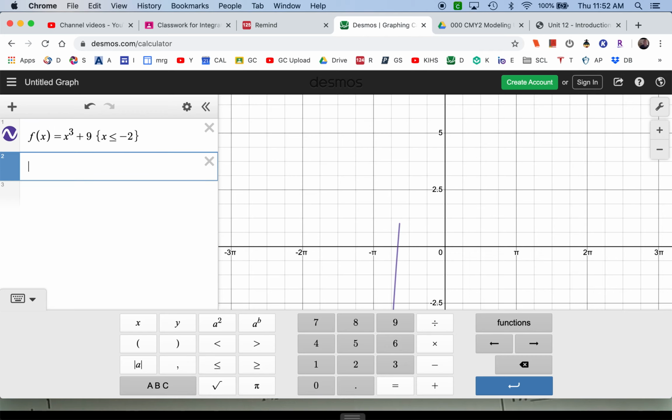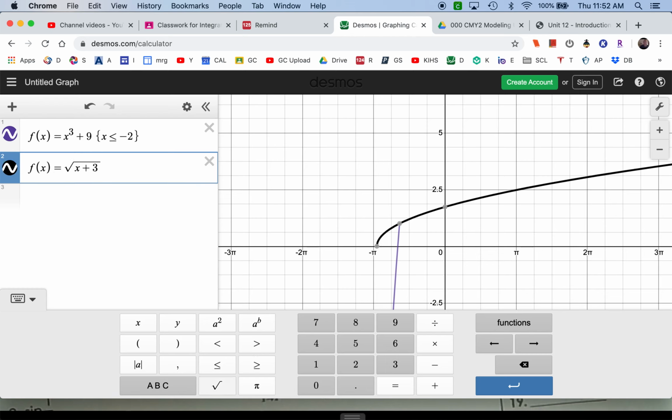Then I have another one. The second piece is the square root of x plus 3, and that is valid when x is greater than negative 2. So here's my piecewise. I was able to type it in with 2 boxes.